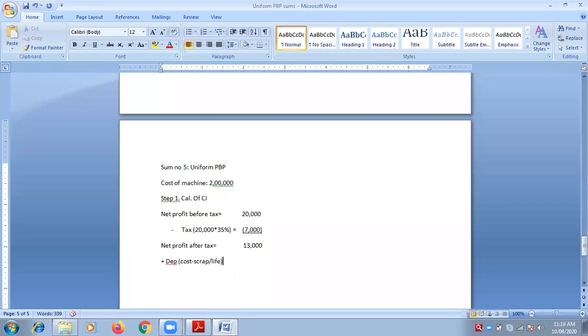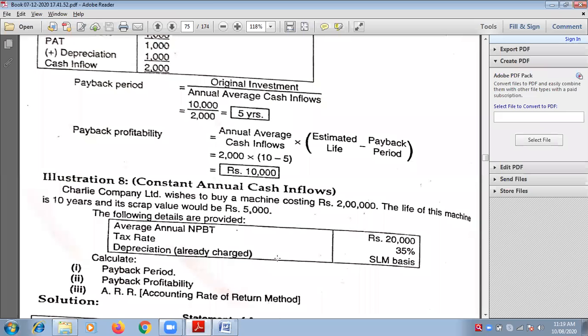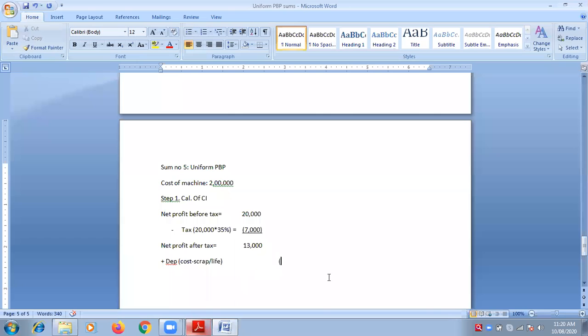So what would be the answer? Okay, I'll solve it here. Tell me, what is the cost? Cost of machine is 2 lakhs. Look at the question. Life is 10 years. Scrap is 5,000. These are the details given to fill up in the formula.